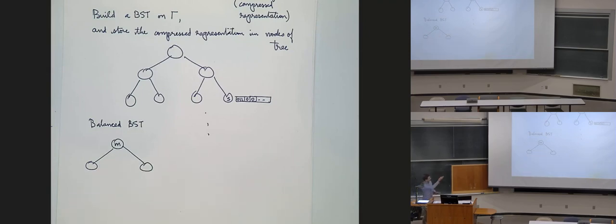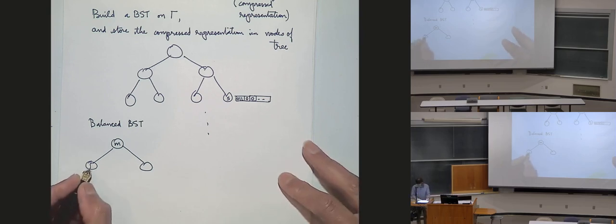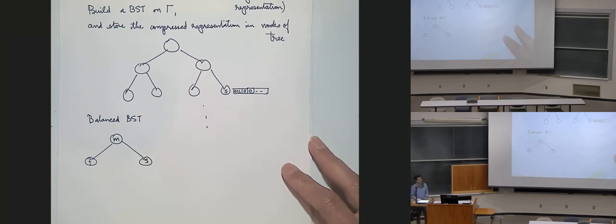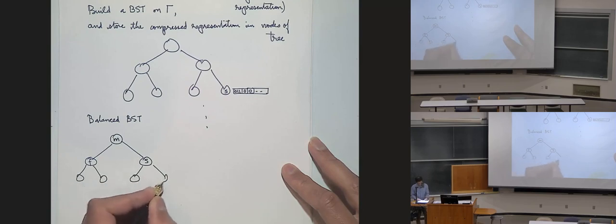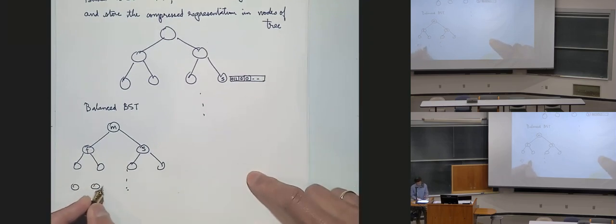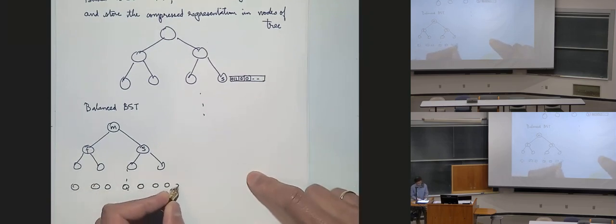And then you'd maybe look at the 6th or 7th character, maybe you'll put F over here, and then N, O, P, Q, R, S, maybe you put S over here, and then you keep building this tree, so on and so forth. And in the end, you'll get some kind of balanced tree.